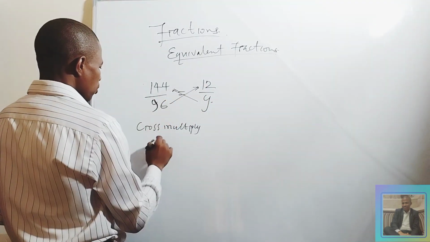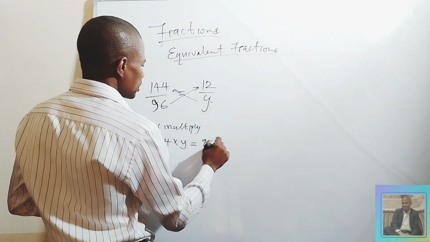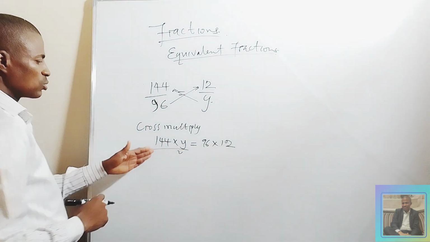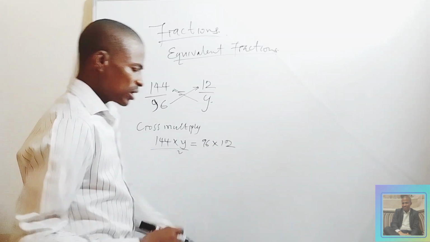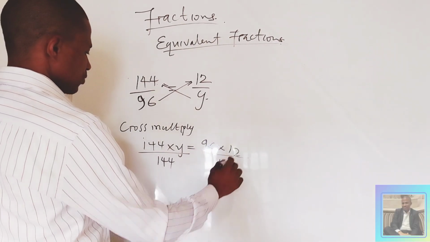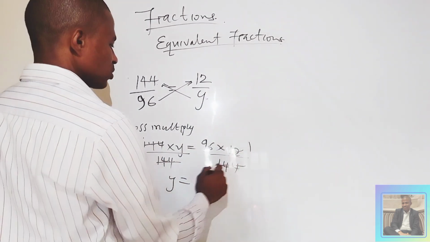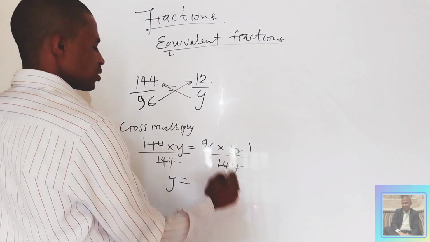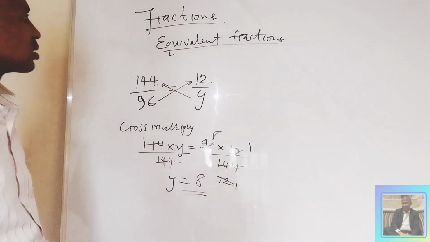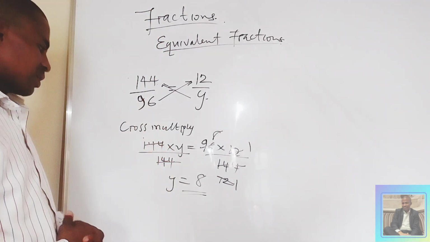It means 144 times y will be equal to 96 times 12. Now we are looking for y, so we divide both sides by the factor of y, which is 144. 12 in 144 is 12, 12 in 96 is 8. So eventually we have 8. So this is the way to solve equivalent fractions.